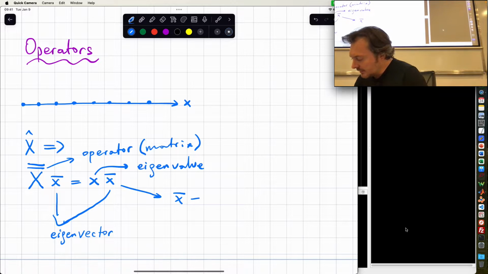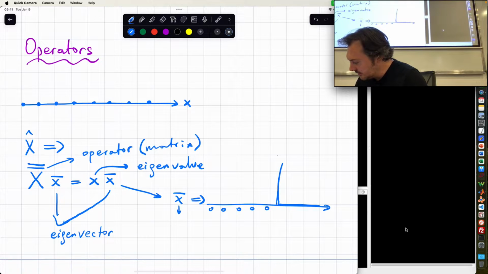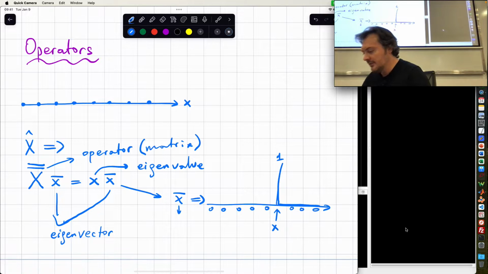Yeah, it looks like this. Depending on what this x is, it's 0, 0, 0, 0, 0, and then there is 1 somewhere here, and 0, 0, 0, and that point is x. Okay?